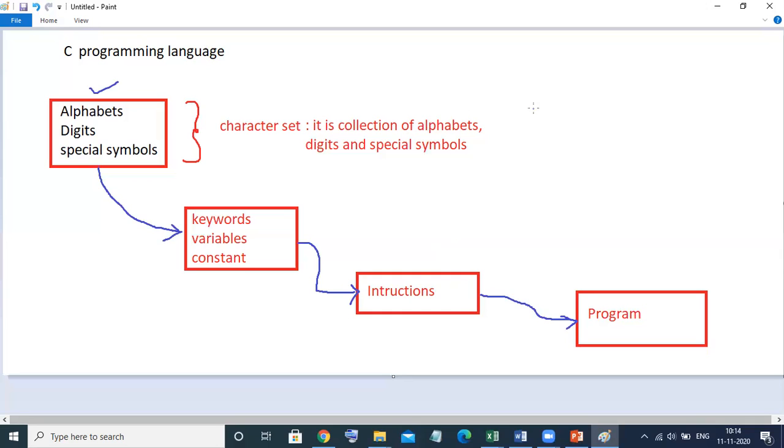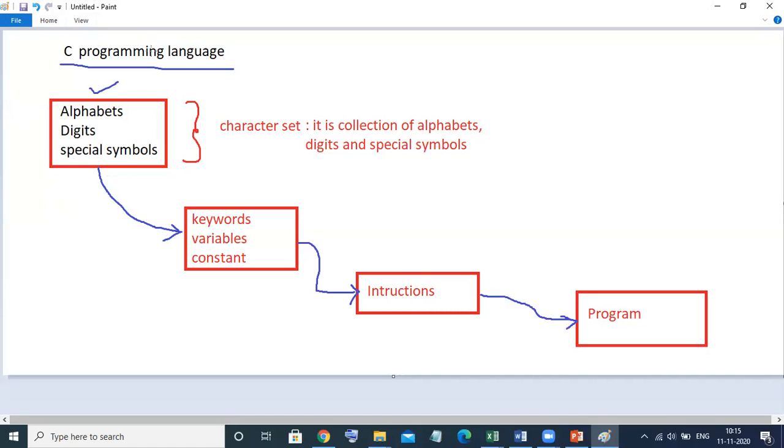So this is a very simple way to learn any programming language. I am not talking only about one language specifically. I am giving the C programming language, but before going for any programming language, if you know all this stuff very carefully and clearly, then writing a program becomes very easy.